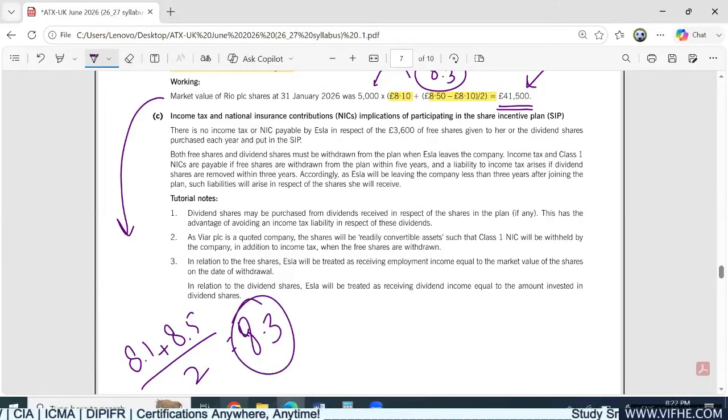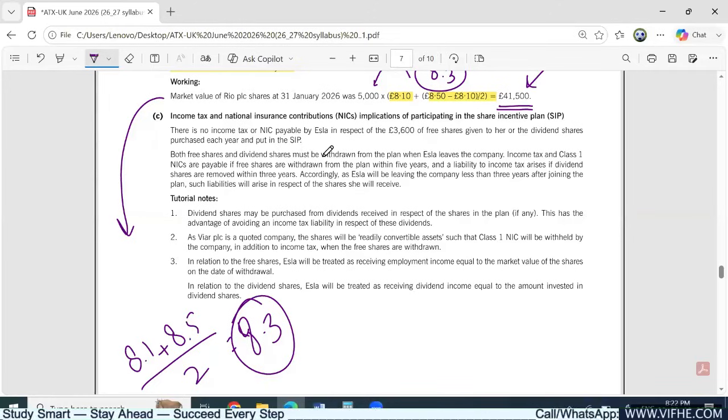Okay, so quickly telling you what is going to be the NIC implication in respect of Esla participating in the share incentive plan, which is SIP, a tax advantageous scheme.